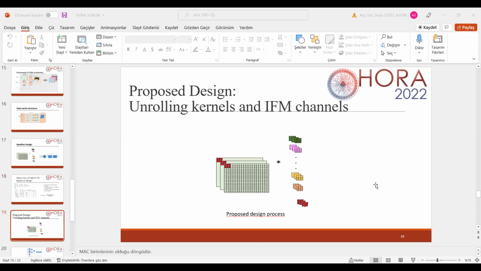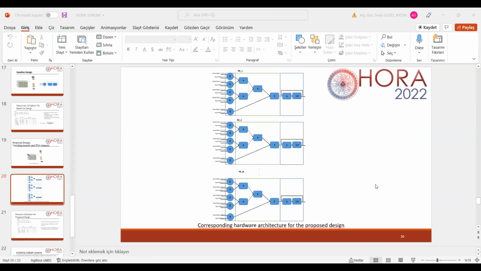This is our proposed design. We unroll the kernels and input feature maps. This is the corresponding hardware architecture for the proposed design. There are N processing element units.